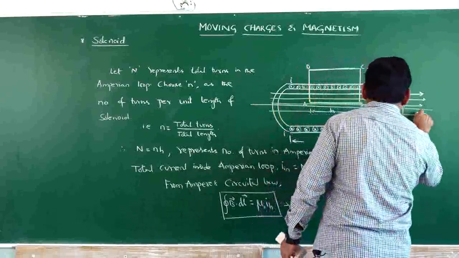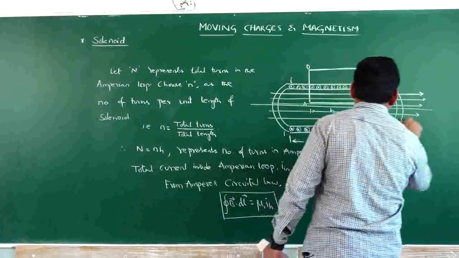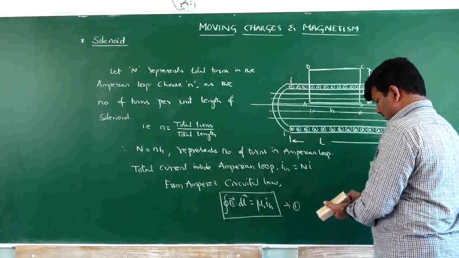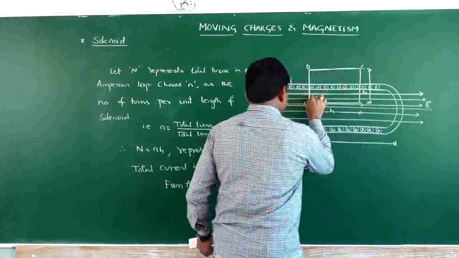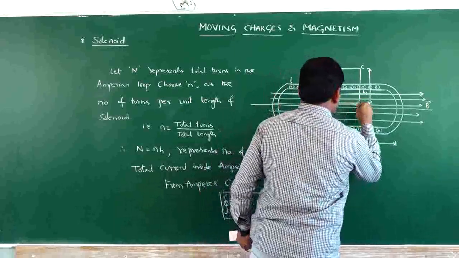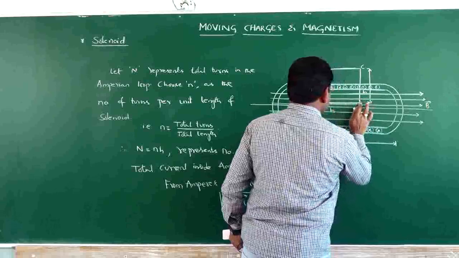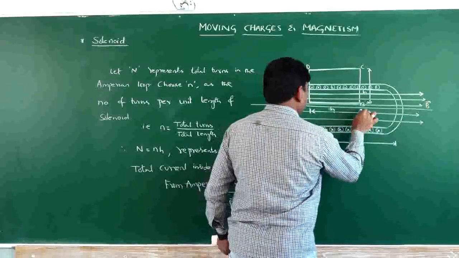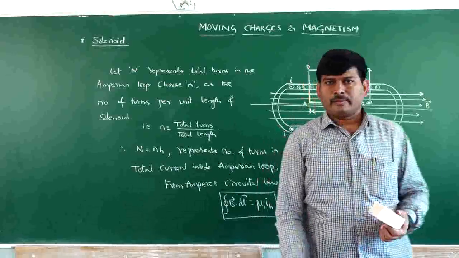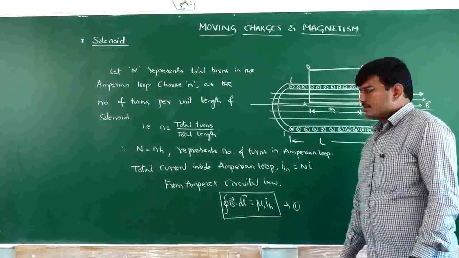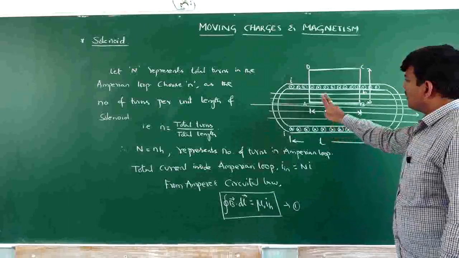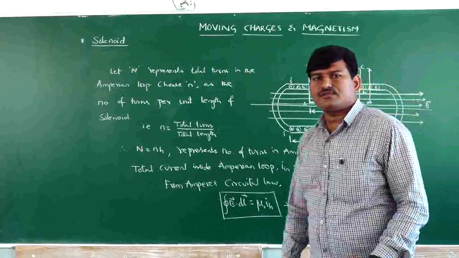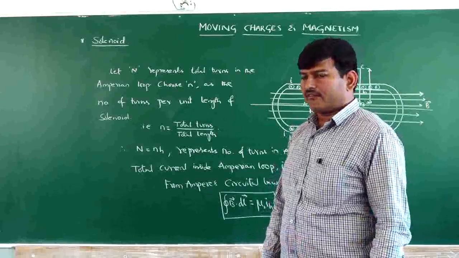Just like a capacitor is used to produce a uniform electric field, this is used to produce a uniform magnetic field. So, this is B term, this is H. See here. Solenoid is a device which is used to produce which kind of magnetic field? It is a device which is used to produce a uniform magnetic field.